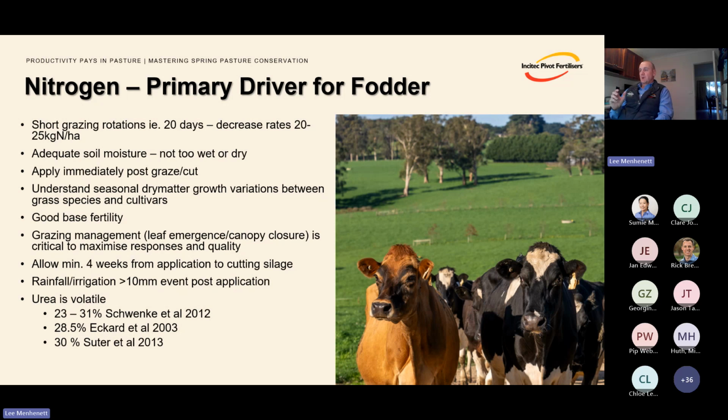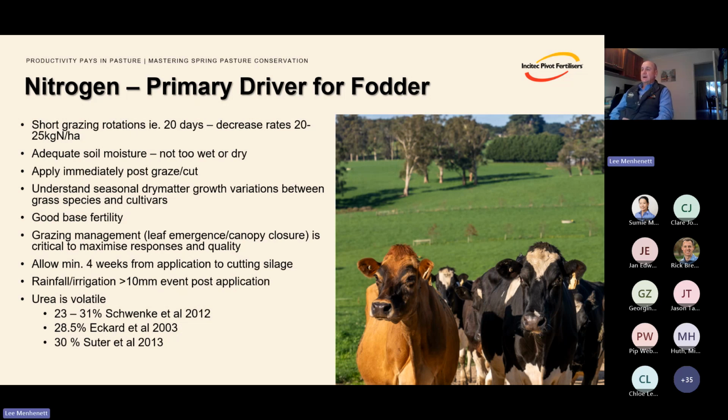So we've just got to make sure that while we've got that soil moisture there and the grass is growing, we extend that growth by using nitrogen in the system. If things dry out in the next month, it's too late to try and put nitrogen on in that situation. So we need moisture, and while we've got moisture, we need to be really driving that nitrogen. Being on the front foot and growing grass while we can is really important.